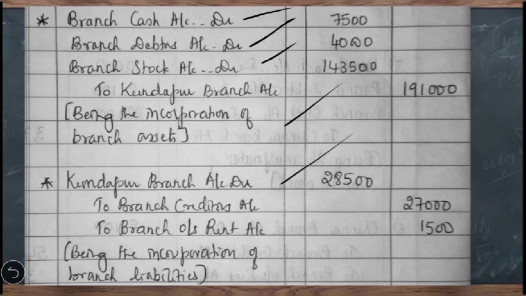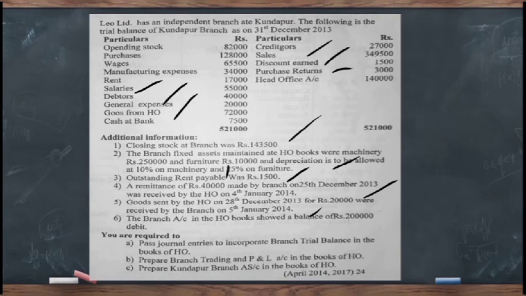There are 2 liabilities. One is creditors, which is given in the trial balance, and one more is the other liability which is given in the adjustment, that is outstanding rent. Okay, to incorporate that, the entry will be Kundapur branch account debit to branch creditors account 27,000 and to branch outstanding rent account 1,500. So after this, we have to prepare Kundapur branch account in the books of head office.